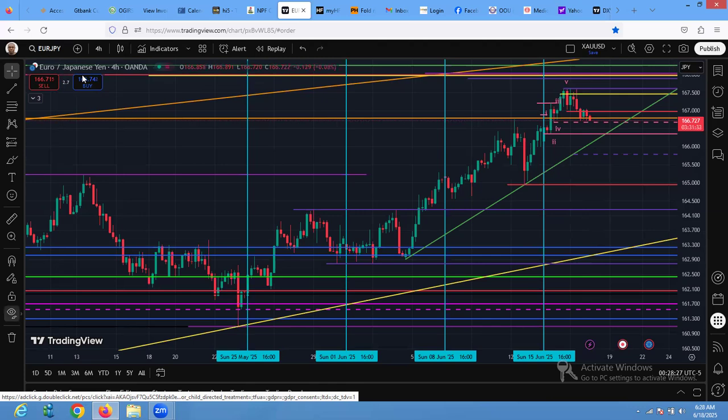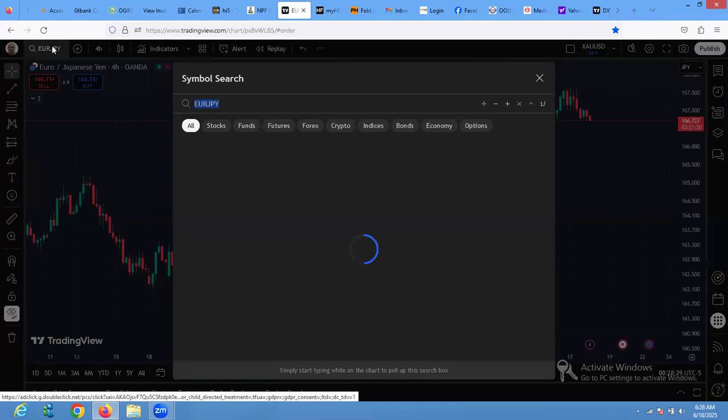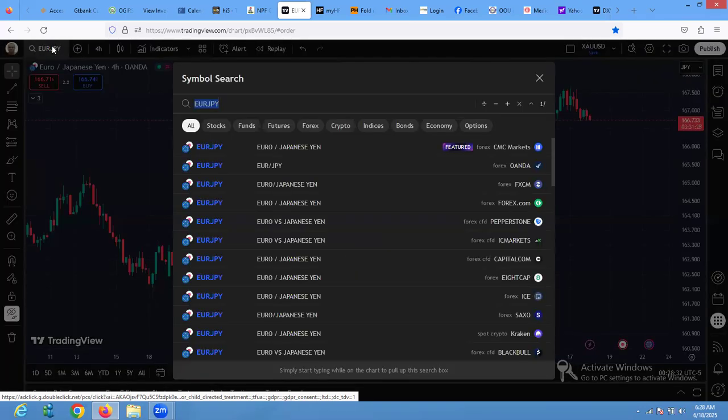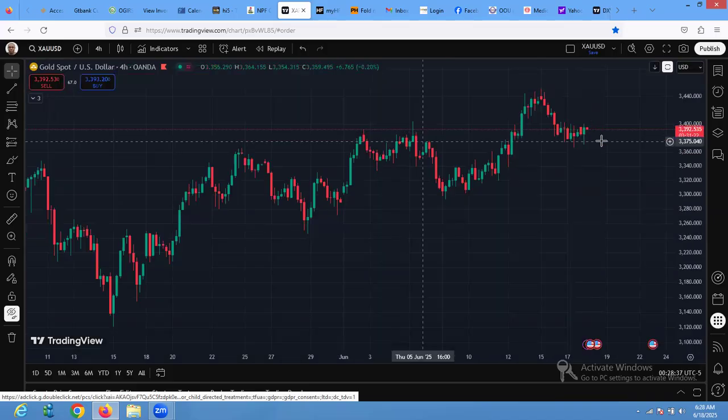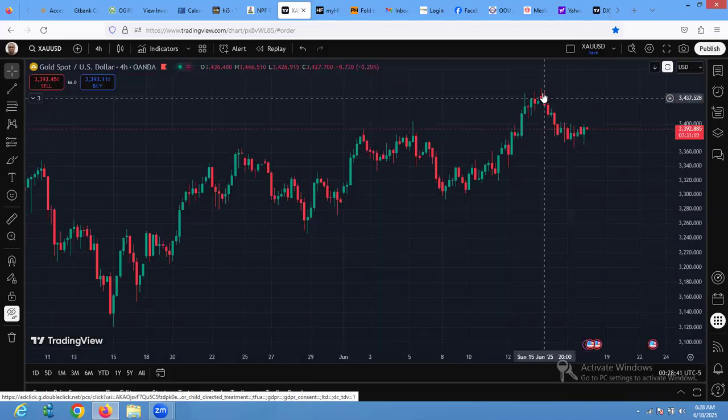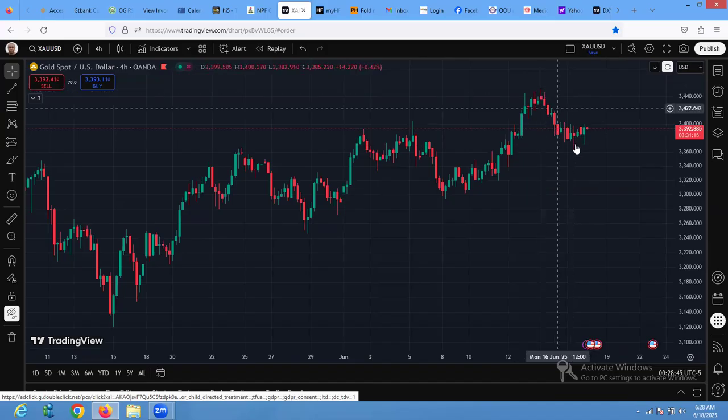So the last one now is gold. For those trading gold, gold looks bullish. For now, we've been seeing that it looks like this is completed. It's a single pullback and it's completed.